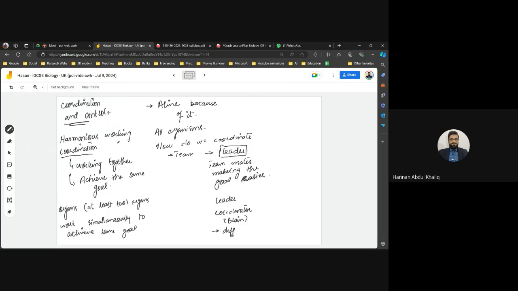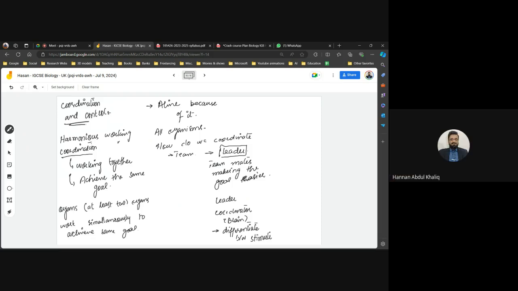Suppose I ask what organ controls the amount of sugar in our body, can you tell me? The pancreas.